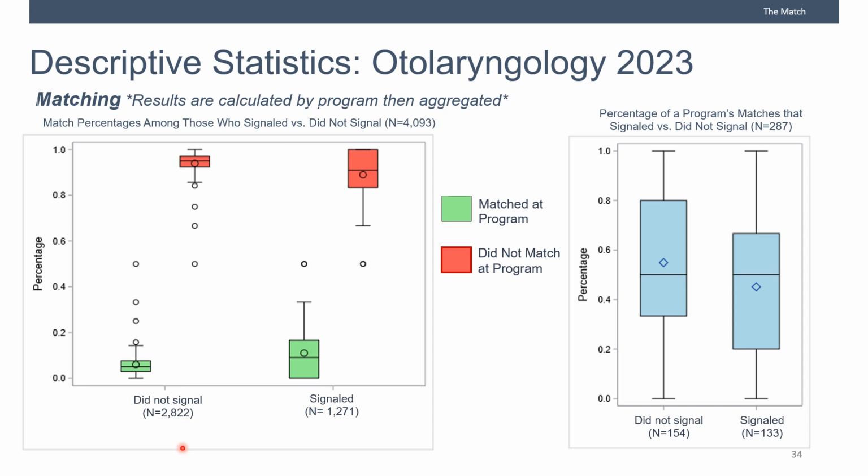For ODO, applicants who signaled a program have roughly double the chance of matching to that program, 10.5%, compared to applicants who did not signal the program, 5.5%. So this is a comparison here.